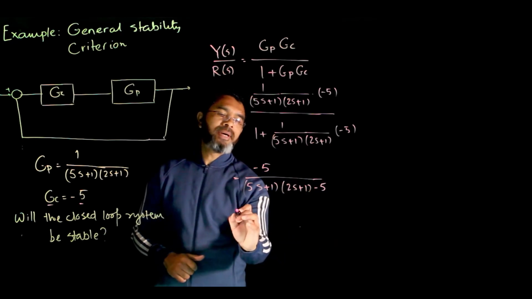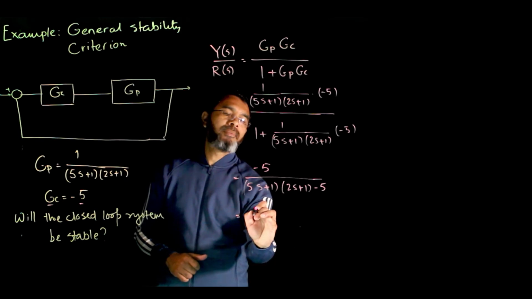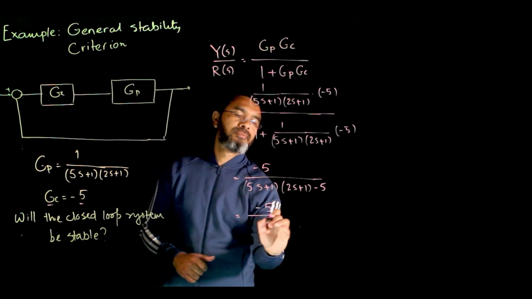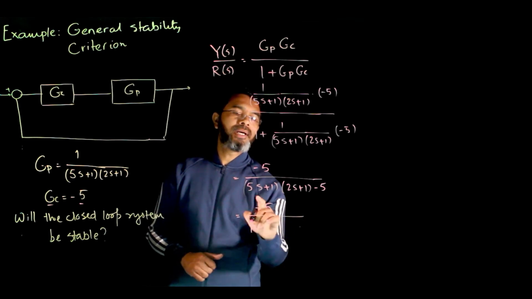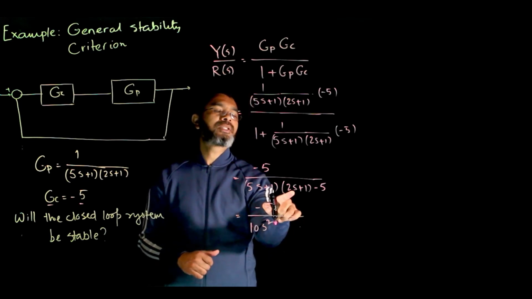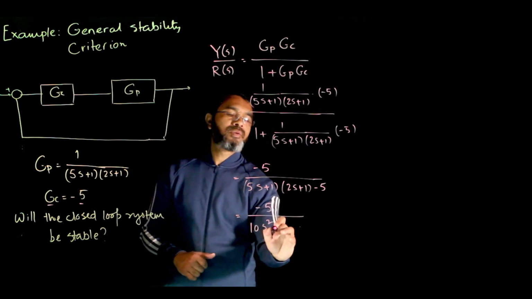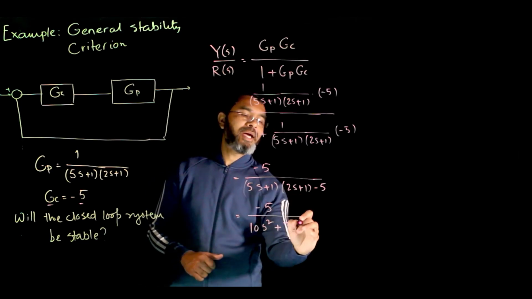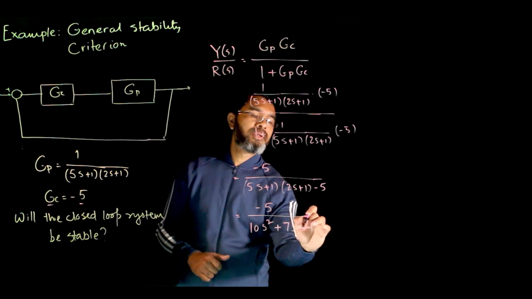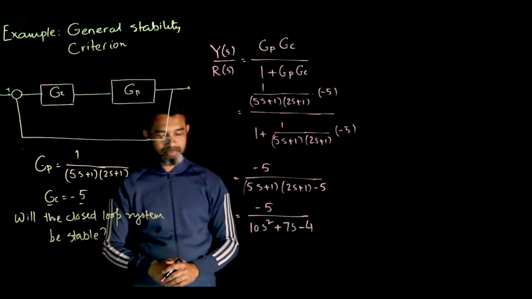If we further simplify this, we'll end up getting 10s squared, since 5s times 2s is 10s squared, plus 7s plus 1 minus 5, so minus 4. So this is the closed loop transfer function.